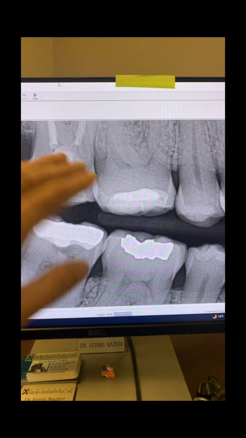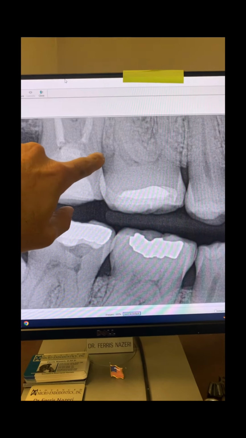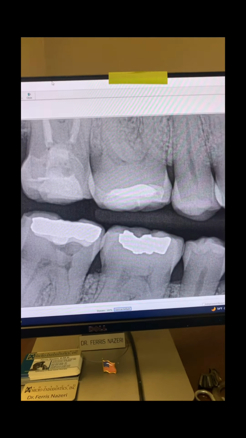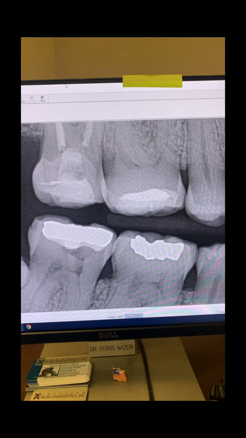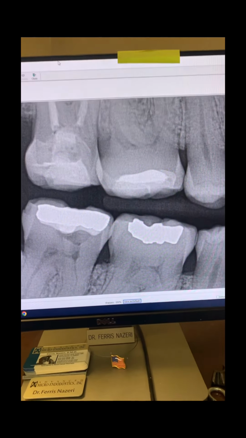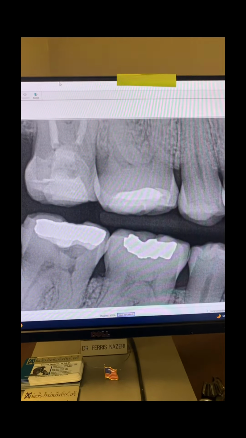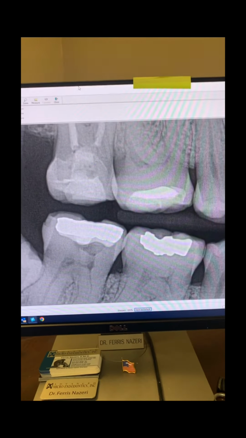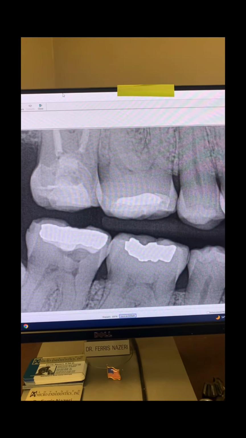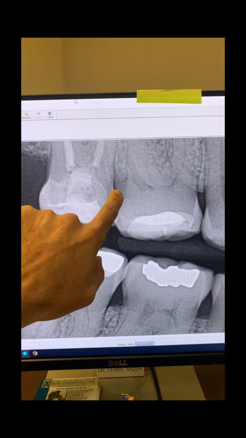But if after I cleaned out the decay and filled the tooth, you start to have symptoms that would mean that this tooth would need a root canal, then you're going to need a root canal. This is how you talk to the patient. You educate the patient, you inform the patient, you let them know that her tooth may or may not need a root canal.